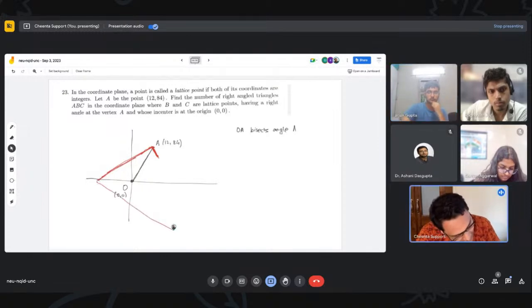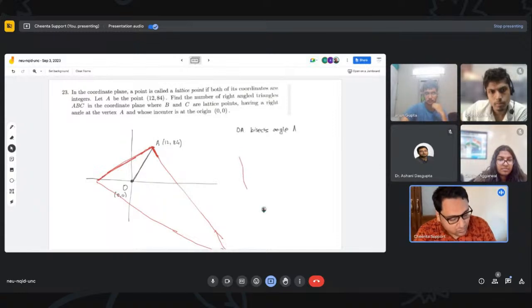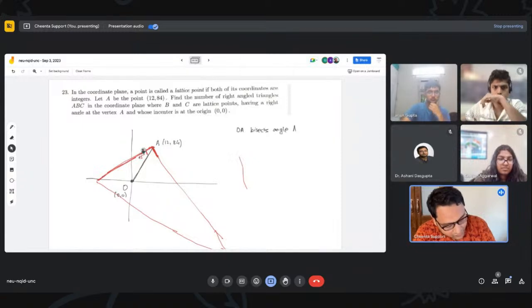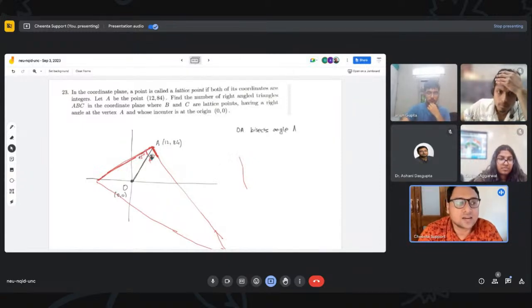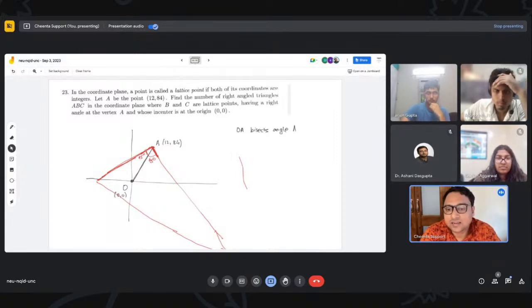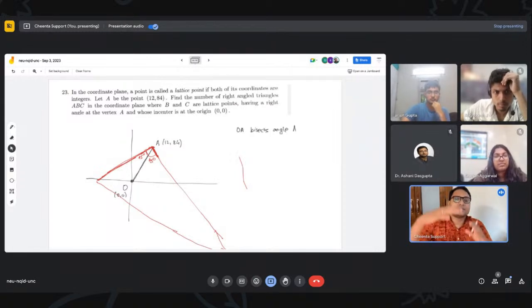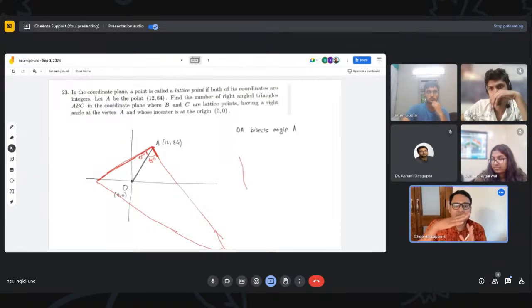Maybe the picture is like this. So this is 45 degrees, and this is 45 degrees, because it's an angle bisector. So it's possible. It may not be true that the sides are parallel to the x and y axes.